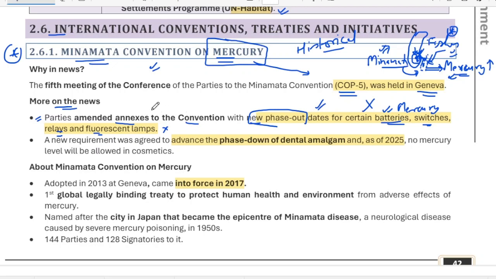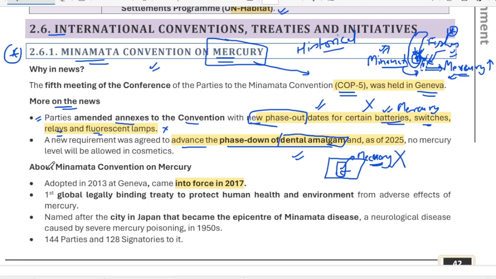This amendment has been made by this convention. There is also a new requirement to advance the phase-down of dental amalgam. You may know that mercury is commonly used in the dental implants a dentist uses for teeth. Now this mercury will not be used in dental implants.